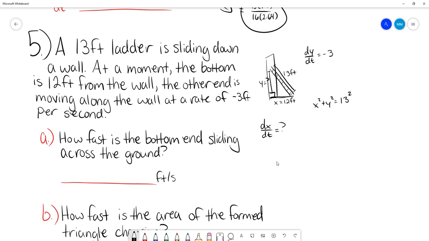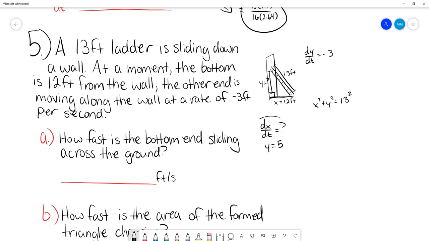So it's going to be 12 squared, which is 144, plus y squared equals 169. And actually notice this is one of our special right triangles, one of our Pythagorean triples. And y is going to end up being, we'll make a note of it down here, y is 5. Now that we've solved for y, because that's not what it's actually asking us, we've got this equation here that we know is true about this triangle.